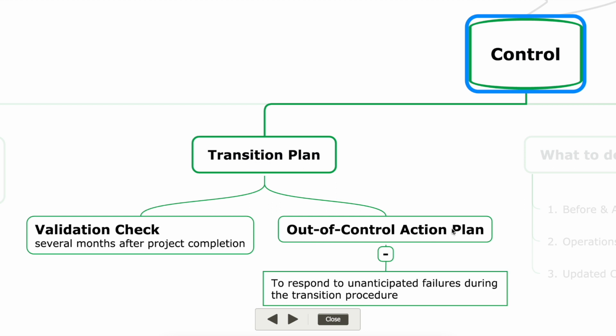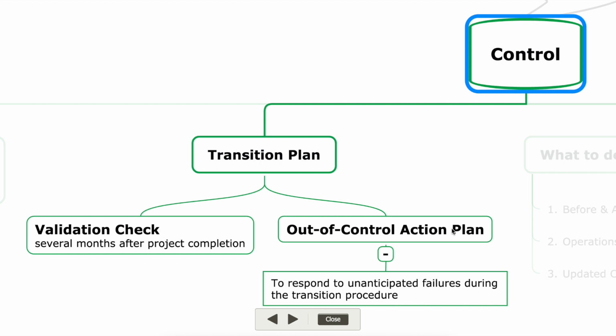And we must have another plan, which is out of control action plans, because during the transition from the existing system to a new system, or the existing process to a new process, there can be some errors or some unexpected or unanticipated failures.